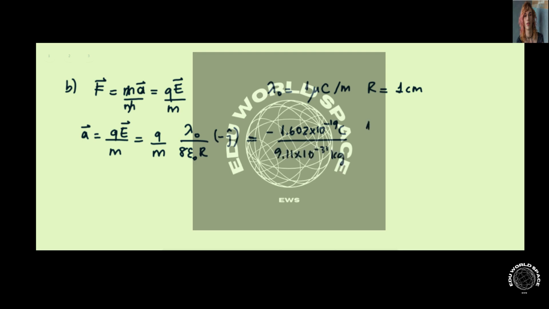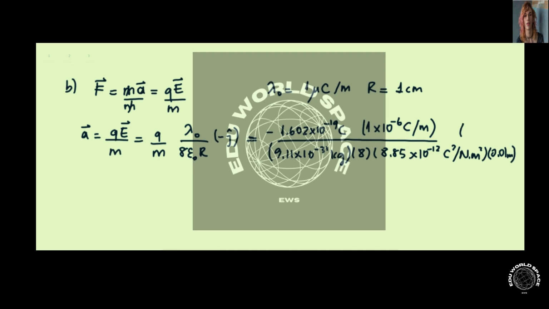Lambda naught is 1 times 10 to the power of negative 6 coulombs per meter; I did the conversion from microcoulombs to coulombs. In the denominator, we have 8 times epsilon naught, which is 8.85 times 10 to the power of negative 12 coulombs squared per newton meter squared, and r is 0.01 meters. Still, we're in the negative j hat direction.